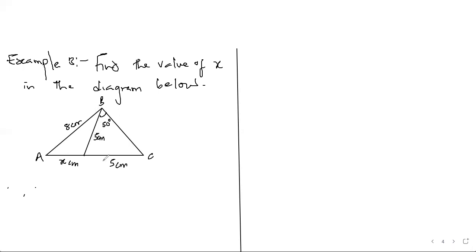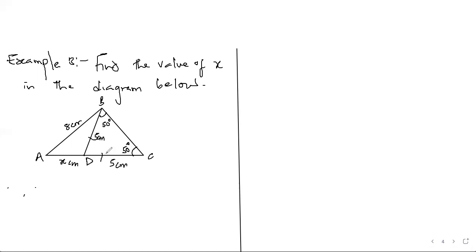But because these two sides are the same, let's say this is D in triangle BCD, because this side is equal to this side, this is definitely an isosceles triangle, and the base angles will be the same. So this should be 50 degrees.